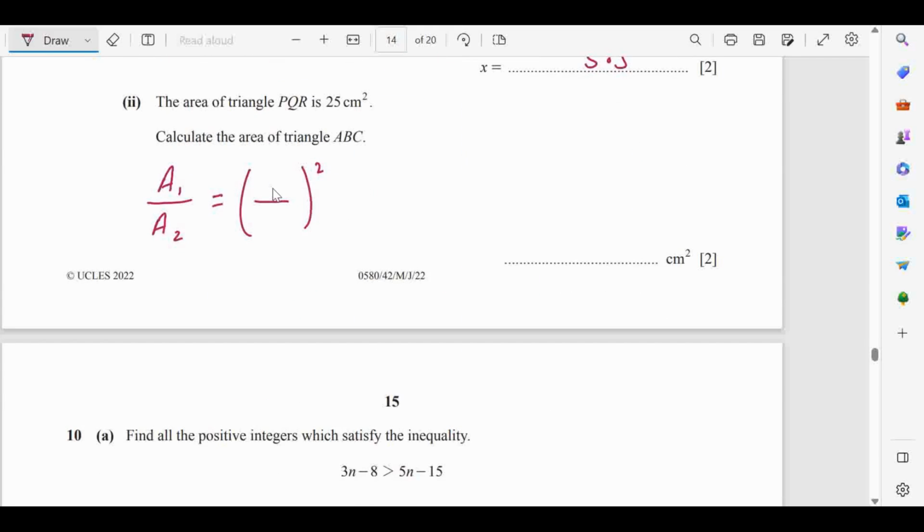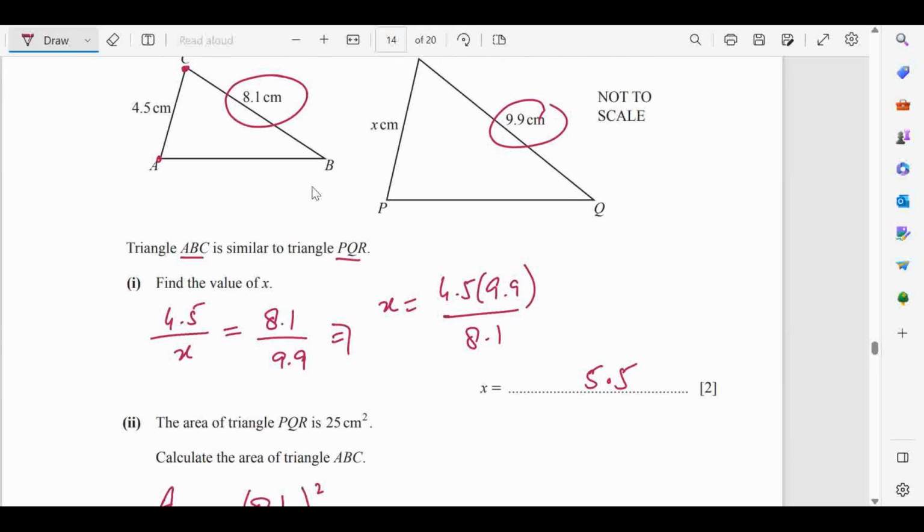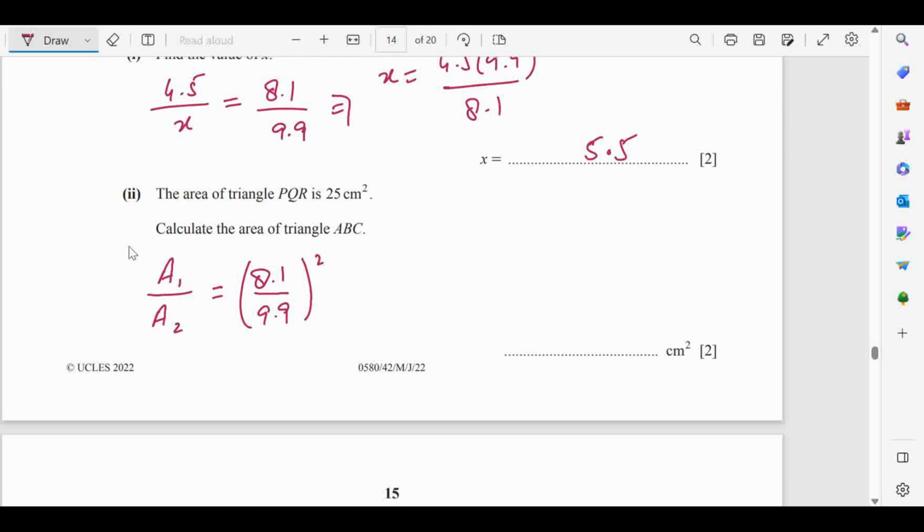So 8.1 divided by 9.9, and we have to find the area of triangle ABC, and this one is the area of triangle PQR. Now if we rearrange it, the area of triangle ABC will be equal to 8.1 divided by 9.9, whole square, multiplied by 25, which is the area of PQR.